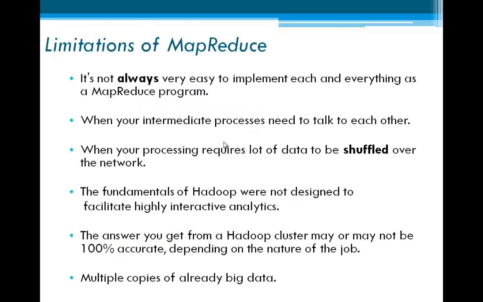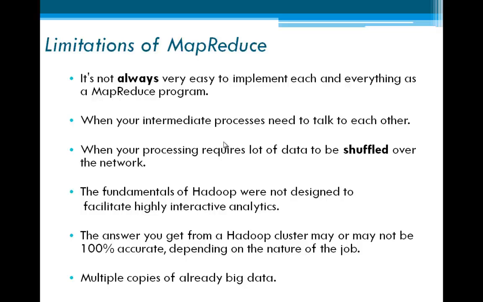Next are the limitations of MapReduce. Now, as we know, it's a complicated process, so it is not always feasible to implement MapReduce. In a situation where intermediate processes need to talk to each other, it can't be possible because these processes run in isolation.